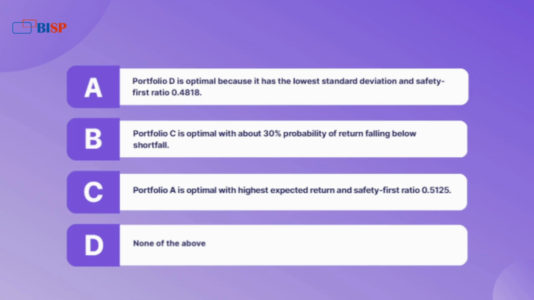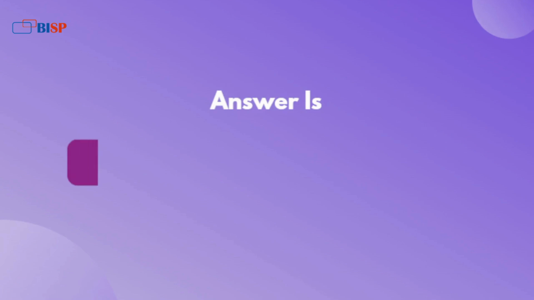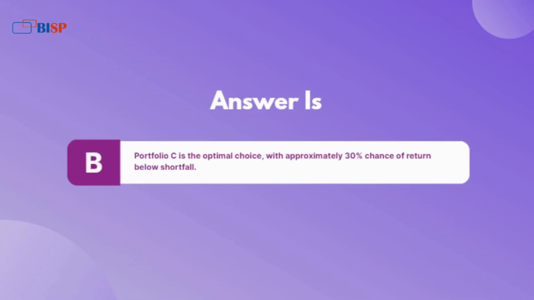C. Portfolio A is optimal with highest expected return and safety-first ratio 0.5125. D. None of the above. Answer is B. Portfolio C is the optimal choice, with approximately 30% chance of return below shortfall.